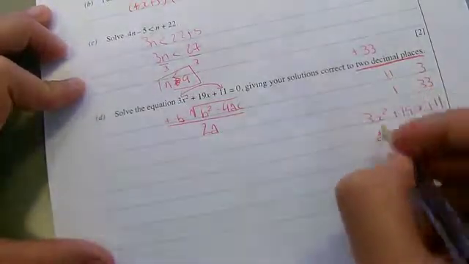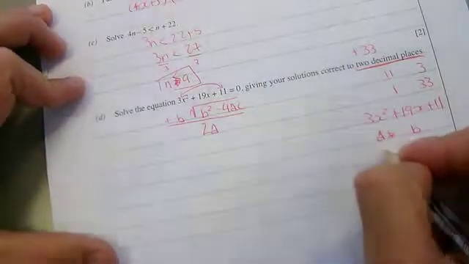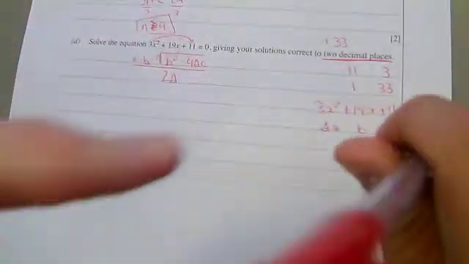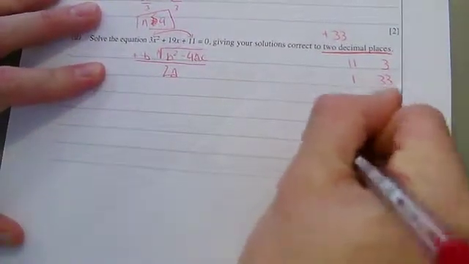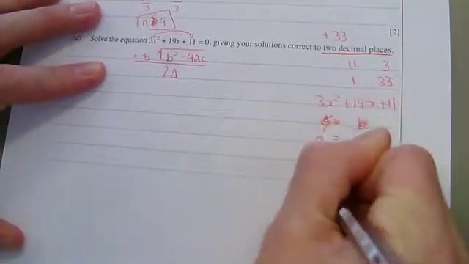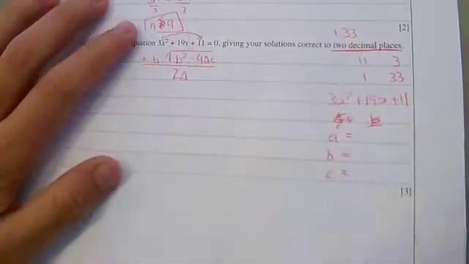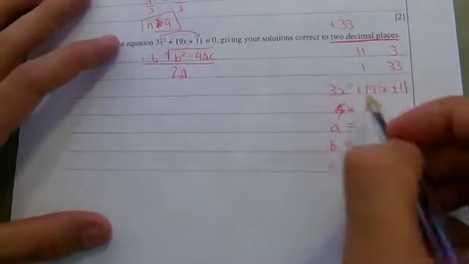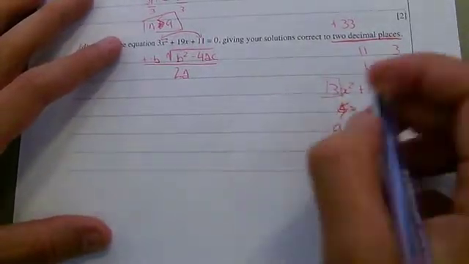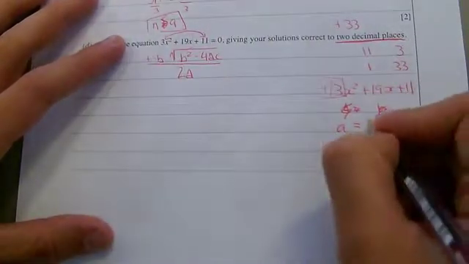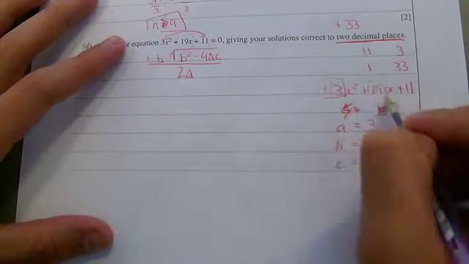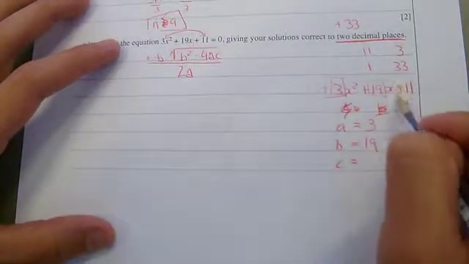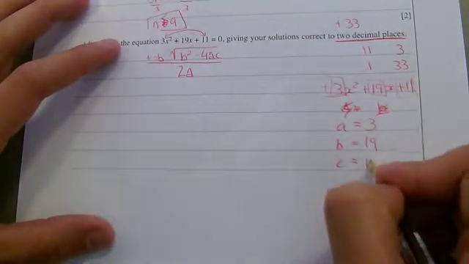So we know that a is going to equal 3. Before it is a plus, so we're fine just to leave it as a 3. 19, there's a plus before it, so we're okay to leave it as a 19. And 11 also has a plus before it, so we're okay to leave it as an 11.